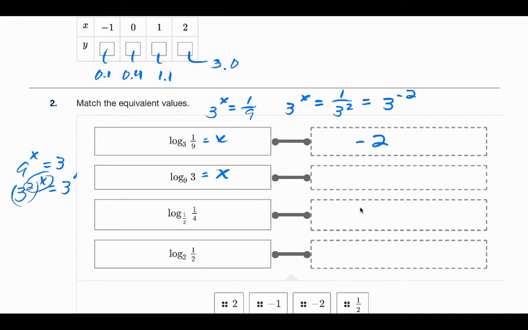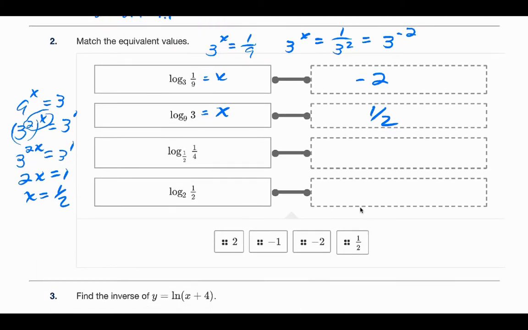Remember, a power raised to a power, we multiply those. So we'll have 3 raised to the 2x is equal to 3 to the 1. So 2x is equal to 1. Solving that for x, we get x is equal to 1/2. So the second one here is 1/2.